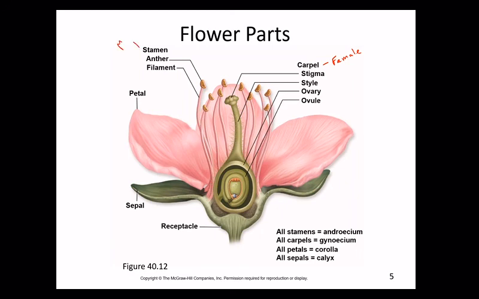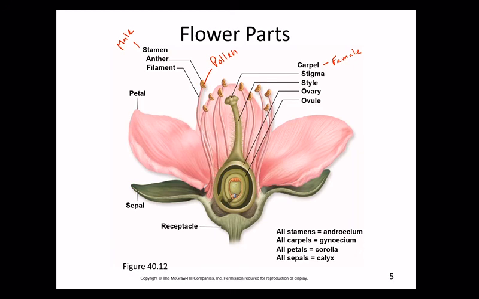And the male portion, which is the stamen. And the stamen's made up of the anther and the filament. So in the case of flowering plants, the anther is going to be the location of pollen formation. Okay? And so the pollen is produced there, and as many of you know, the bees will come in and the pollen will stick to their body.